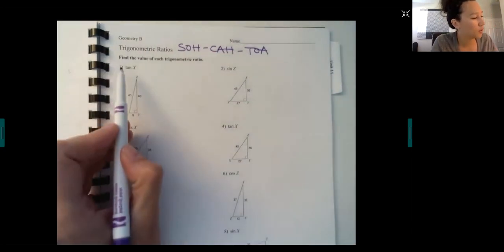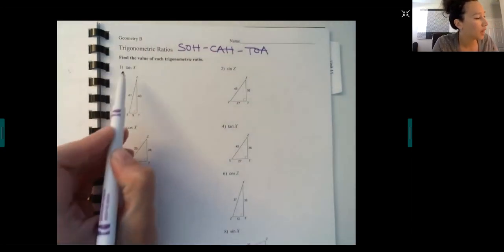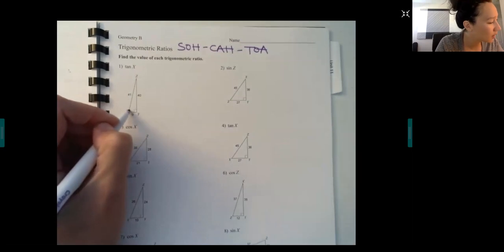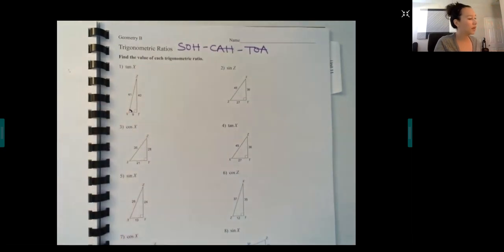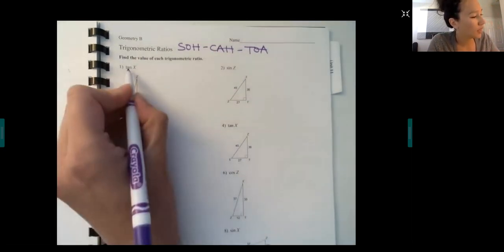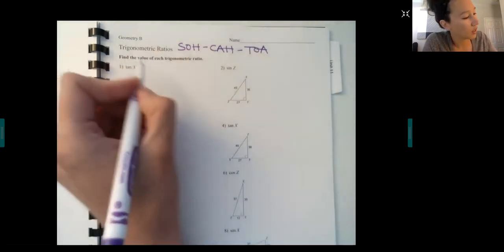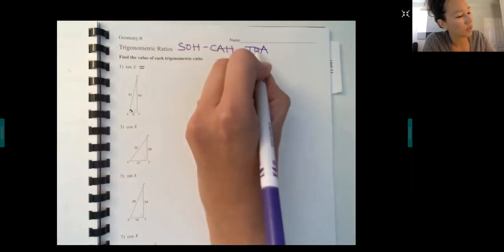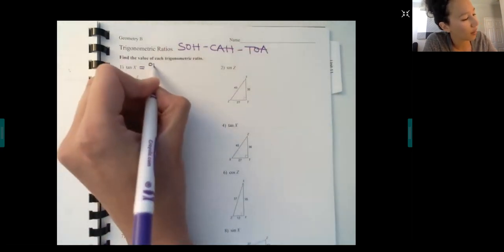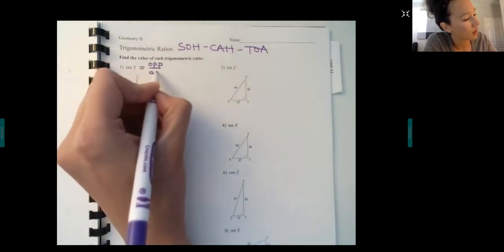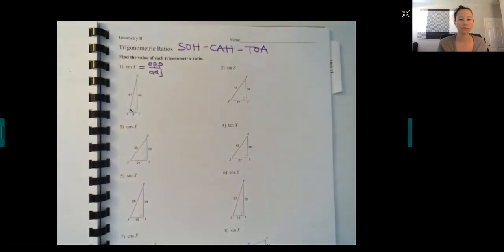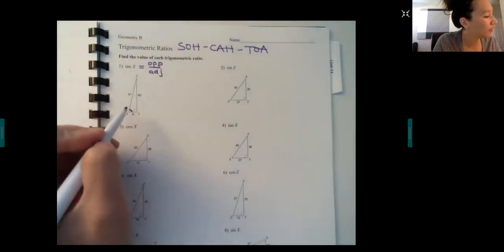And then number 1 says to find the tangent of x. So here's x right here. And so tangent, we're going to be using our TOA. So tangent of x equals the opposite over the adjacent. So let's go ahead and label our sides and then we can write our ratio.